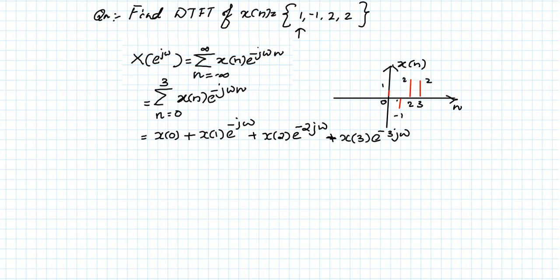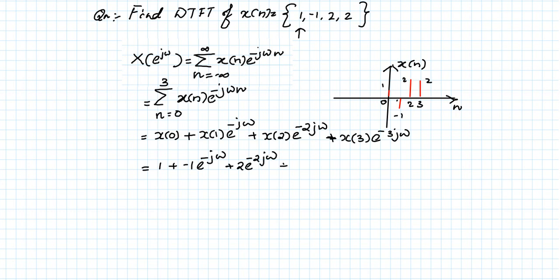Now we can substitute x of 0 here. x of 0 is 1, so I substitute 1, plus x of 1 is minus 1, so I write minus 1 into e raised to minus j omega. Next x of 2 is 2, so I write 2 into e raised to minus 2 j omega.